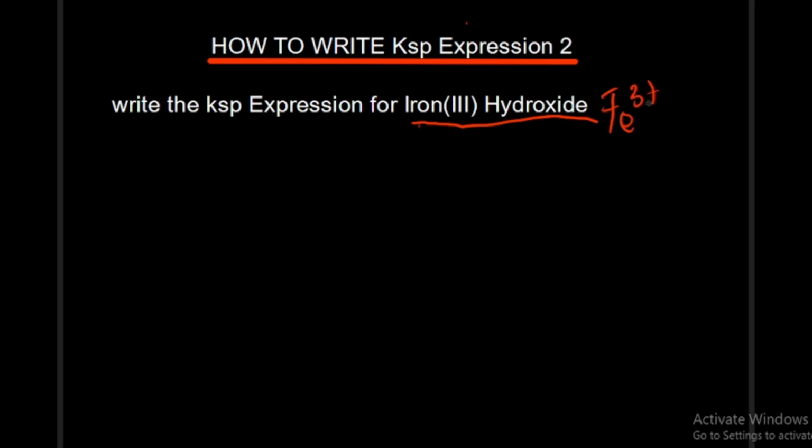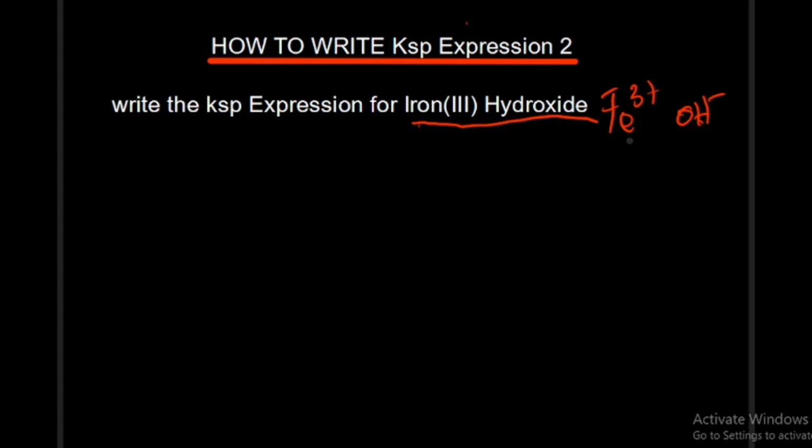Then the hydroxide ion is OH minus. When you combine them, remember OH is a polyatomic ion, while Fe is a monoatomic ion.